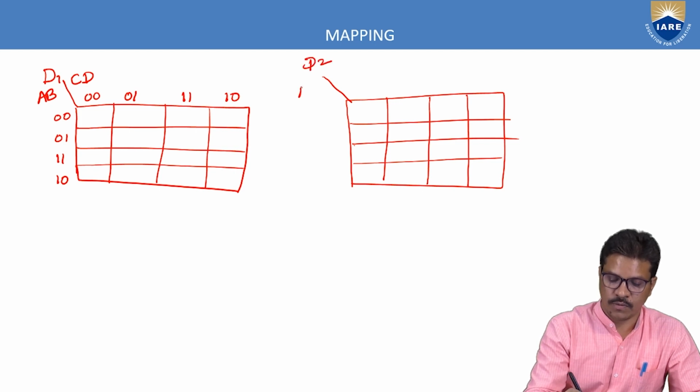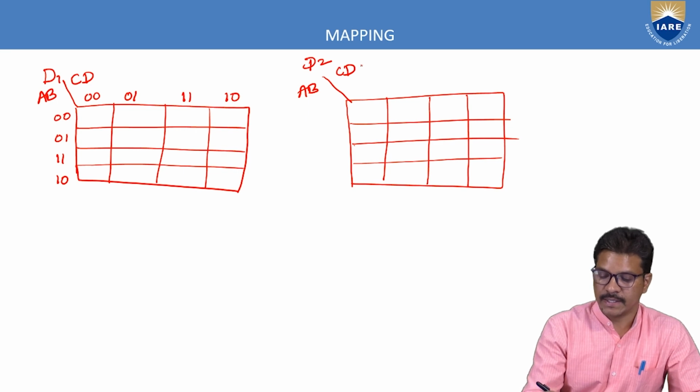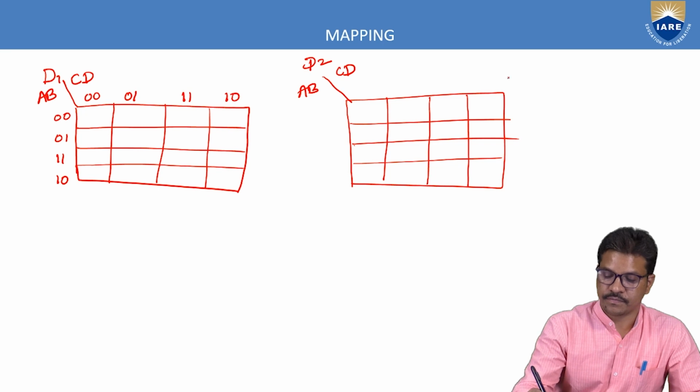For D2, A, B, C, D. If the present state is this one, what will be the next state we will get? 0, 1, 1, 1, 1, 0, 0, 0, 0, 1, 1, 1, 1, 0.